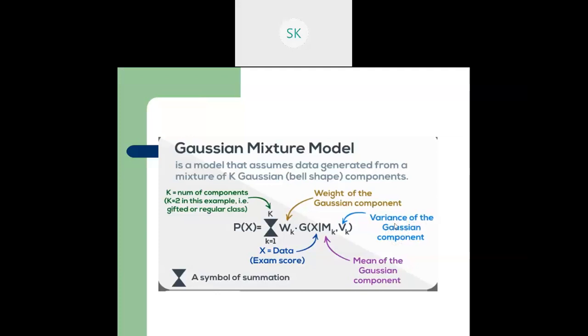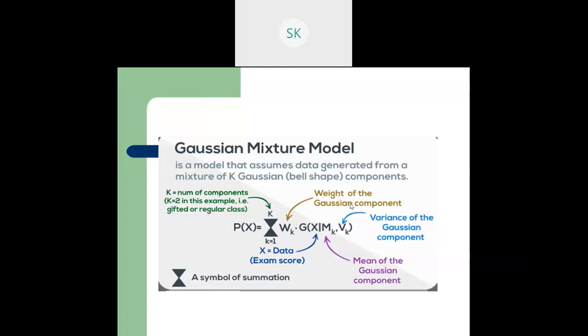The Gaussian components are the marks of the students, so the variance is computed with respect to these data values, the exam results of the last year. m_k is the mean of the Gaussian component, which we can compute since we have numerical values, the results of the students. And in g, x is the data, that is the exam score.